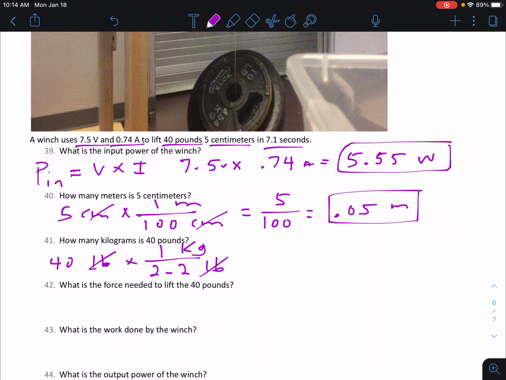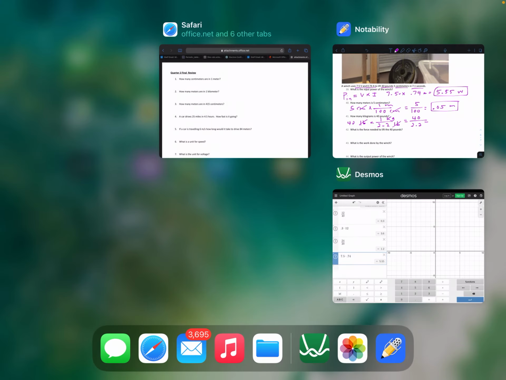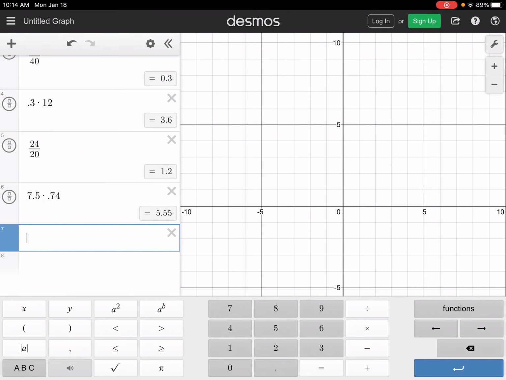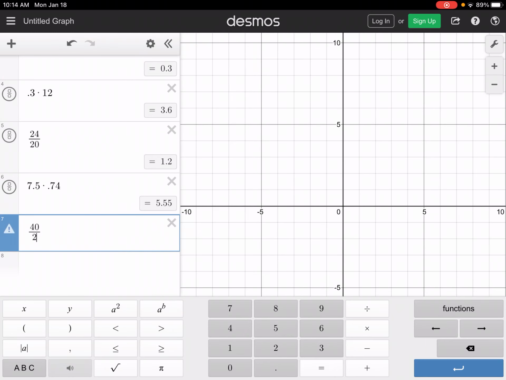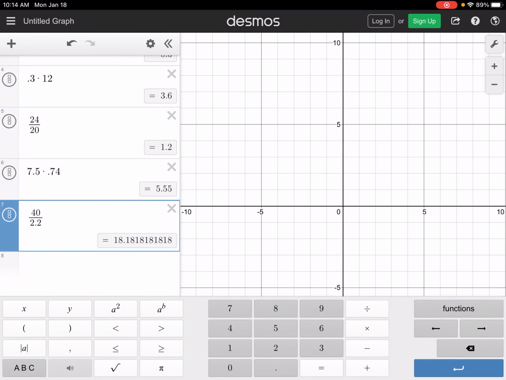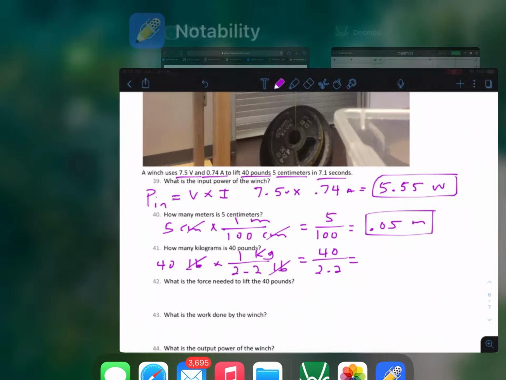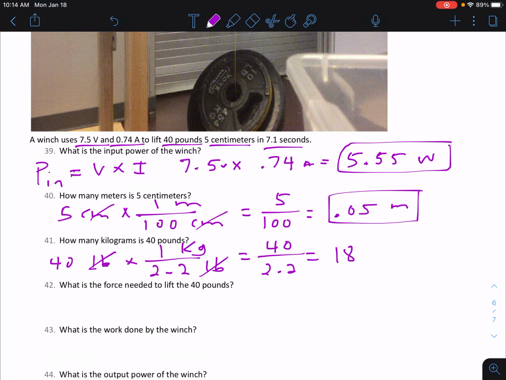Remember, whatever unit you start with goes on the bottom of your conversion factor. 40 pounds times 1 is 40. 1 times 2.2 is 2.2. 40 divided by 2.2 is 18.1818. We'll round that off to 18.18 kilograms.